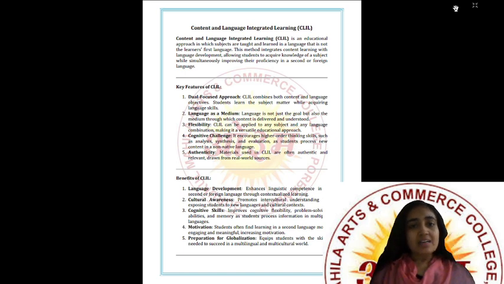Let's start. So basically CLIL is an educational approach in which subjects are taught and learned in a language that is not the learner's first language, right? So, for example, if you are a Gujarati and your first language is Gujarati, but your target language is English, then the teacher will teach you in English only, right?